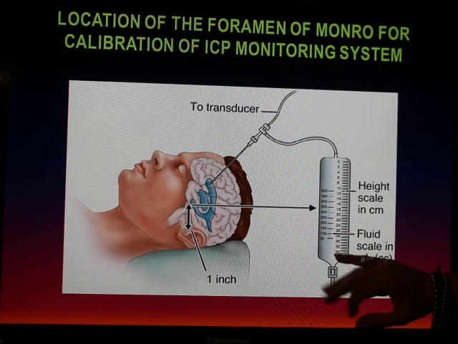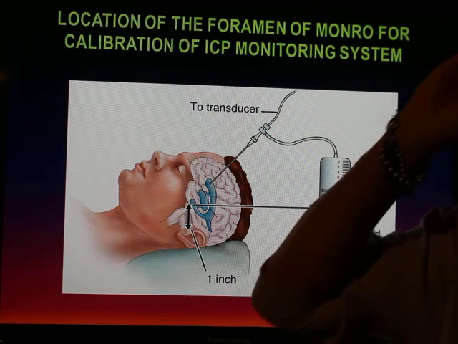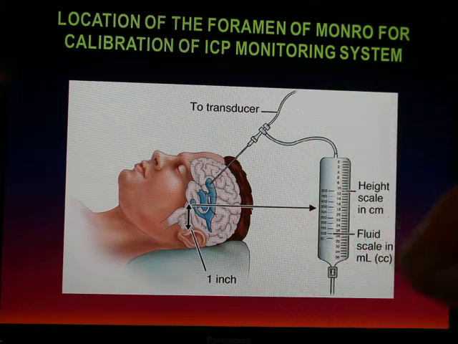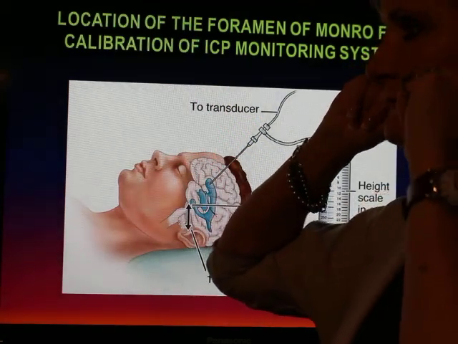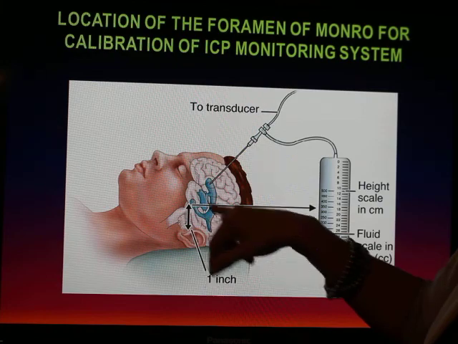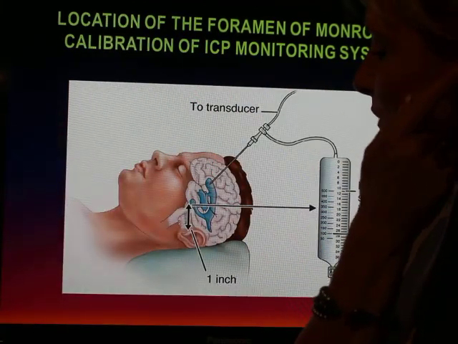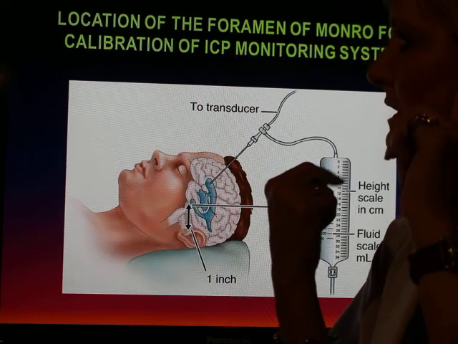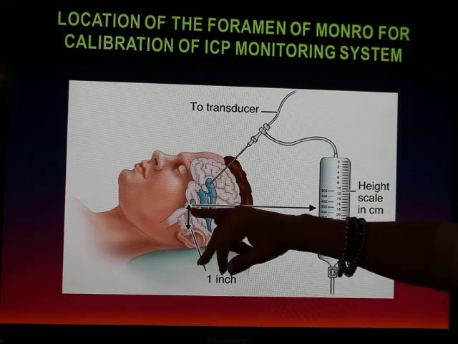Then you've got to mark this at the 0, right at basically where the tentorium is, right at the ventricle mark. You lay your patient flat, and right at where this little flap is at the ear, you make that your 0.